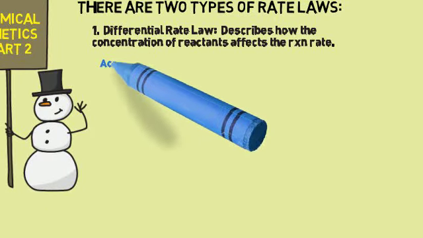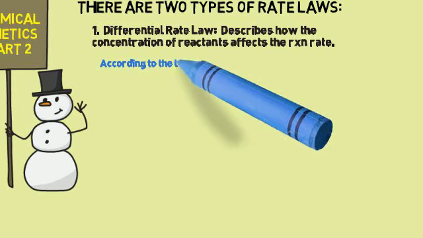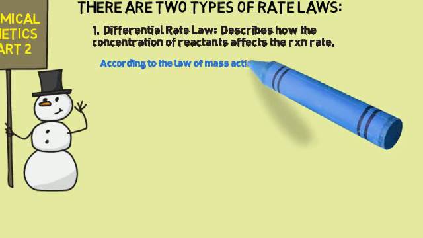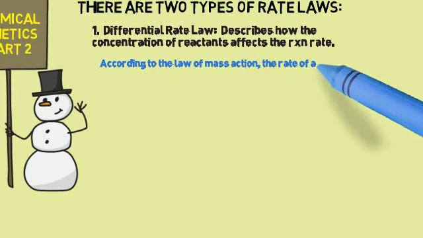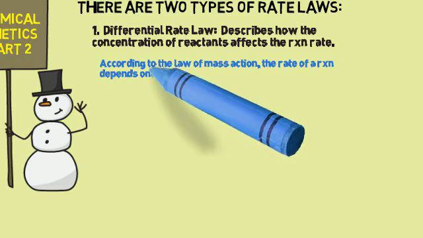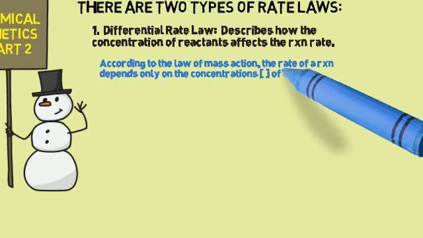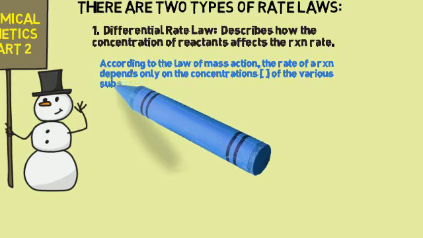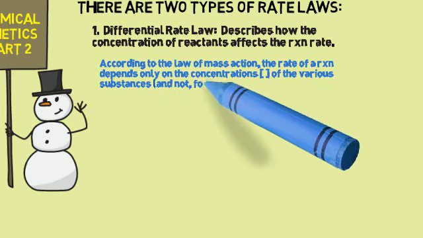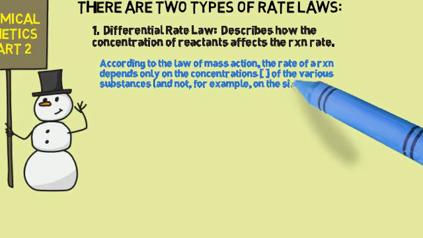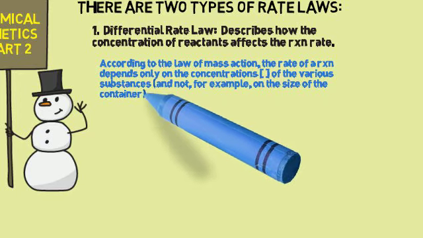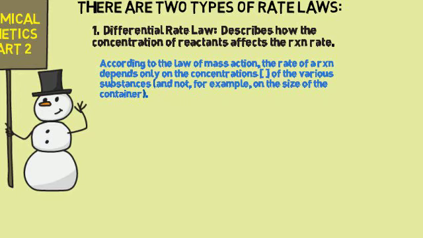According to the law of mass action, the rate of a reaction depends only on the concentrations of the various substances. And remember, brackets means concentration. For example, it does not depend on the size of the container.